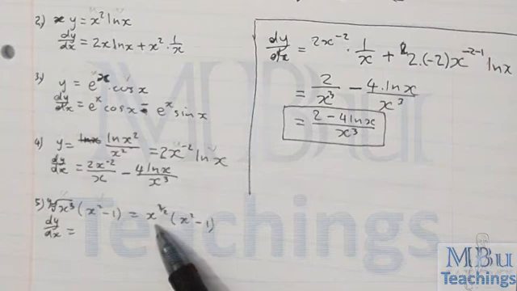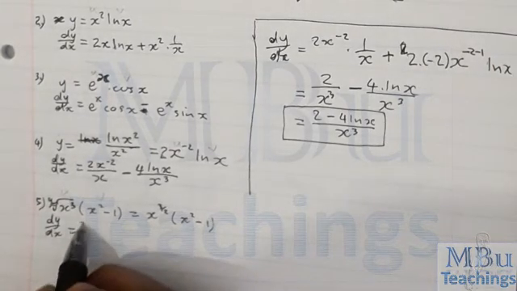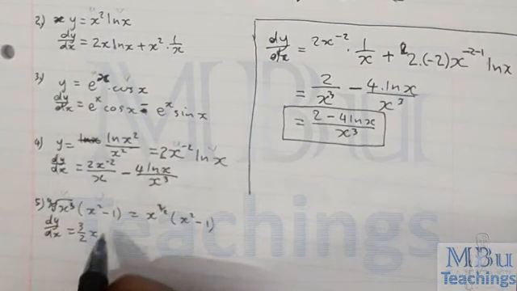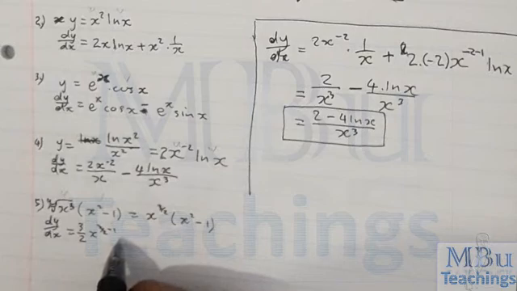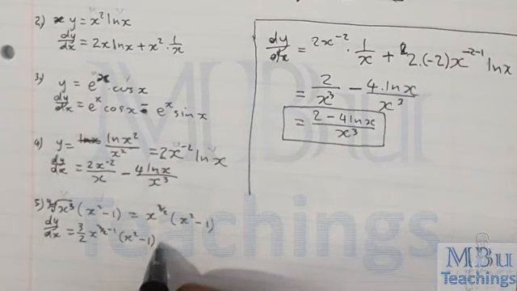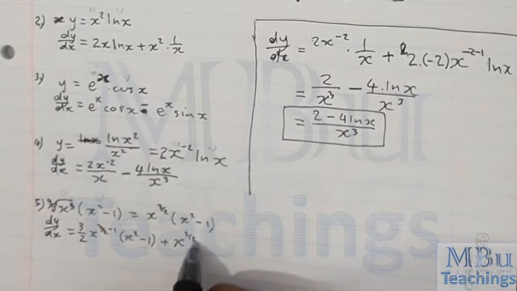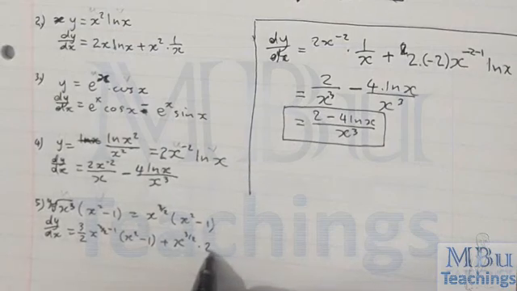Let's derive our u if you want to start with u. So we have 3 over 2 minus 1 into x squared minus 1 plus, then let's derive this one, x raised by 3 over 2, then times the derivative of this is 2x.